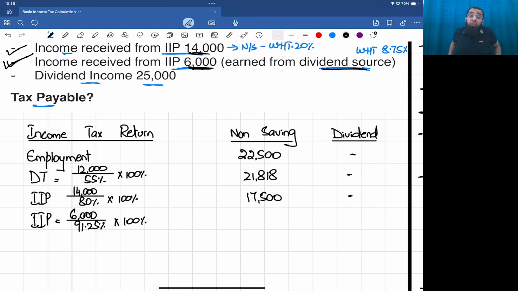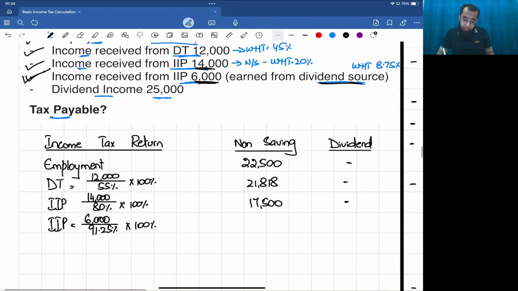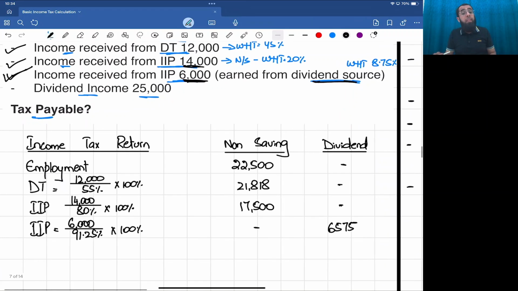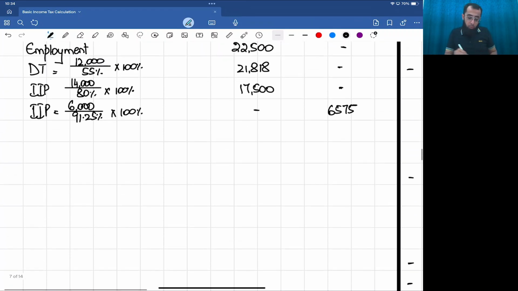If 8.75% has been deducted, think logically, what you get in your hands is 91.25. 6,000 divided by 91.25. So it's 6,575. And obviously it goes in the head of dividend. And then there is normal dividend income 25,000, which goes simply in the dividend category.